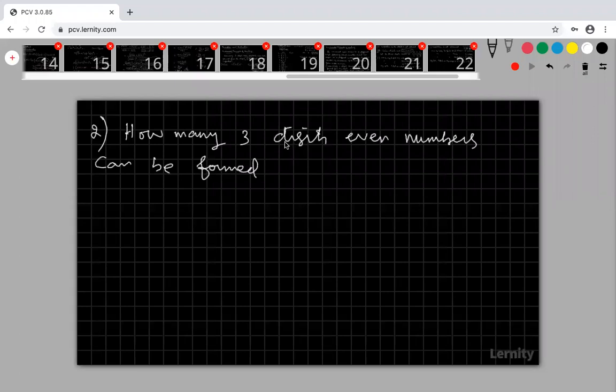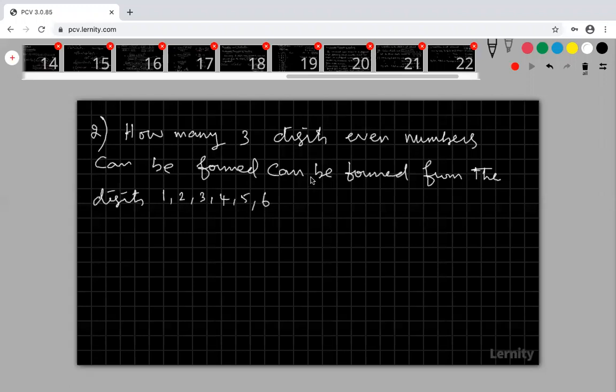How many 3-digit even numbers can be formed from the digits 1, 2, 3, 4, 5, 6, if the digits can be repeated?